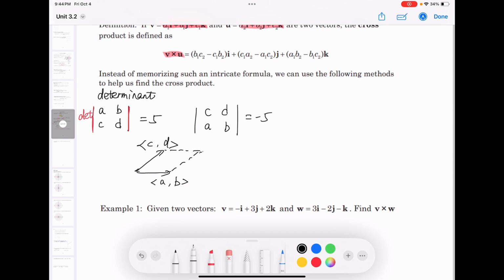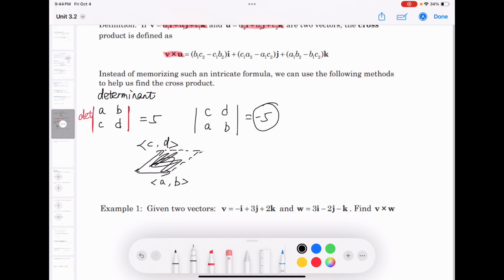That means positive 5 is the positive direction, and the negative sign means I flip my orientation. Okay, I will attach the video link in this video, so you can check the physical meaning of the determinant.